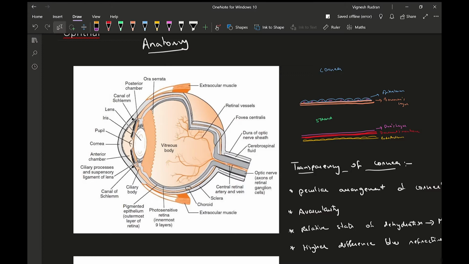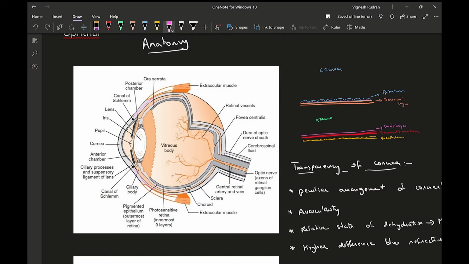Moving on to the anatomy of the eyeball. There are three coats which you are supposed to know. The outermost coat is the sclera. Beneath that you have the choroid, and finally you have the retina. This outermost coat is known as sclera.